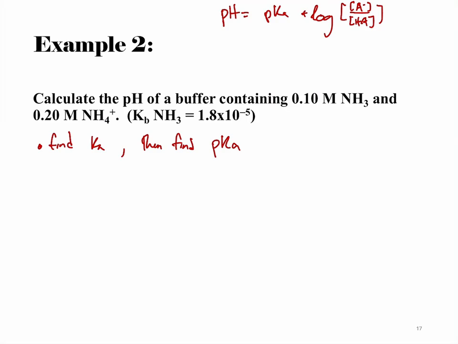Are we given the initial concentrations of HA and A minus? Yeah, we're given the initial concentrations of the conjugate pair here. It's given to us in terms of a base, so it's the reverse of how we would normally think of it, but we do have the initial concentrations.